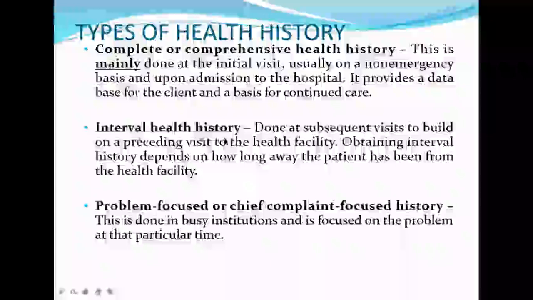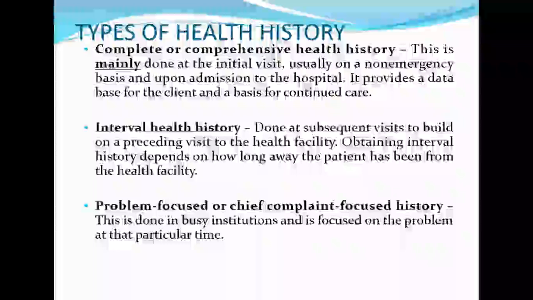This is a type of history where, like the example I gave you earlier, you had met a patient, maybe the patient came in with diabetes mellitus, sugar disease. When they came in at first, they were experiencing severe weakness, they were usually thirsty, drinking a lot of water, passing a lot of urine.